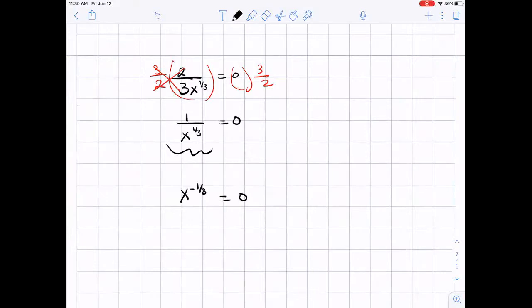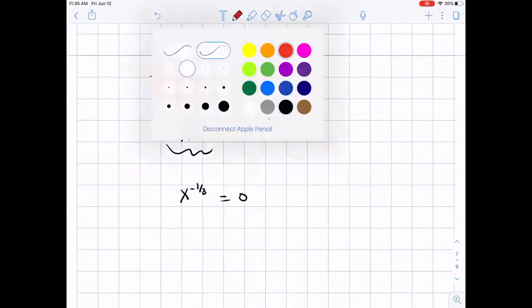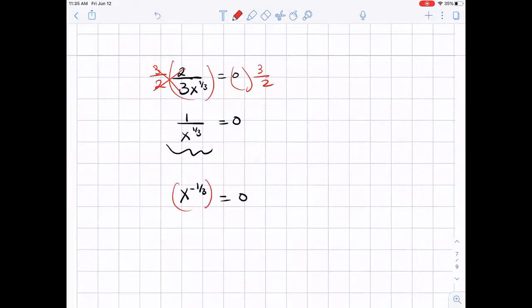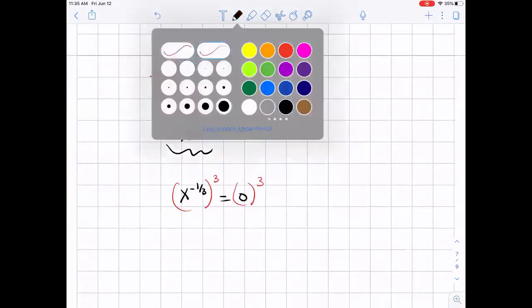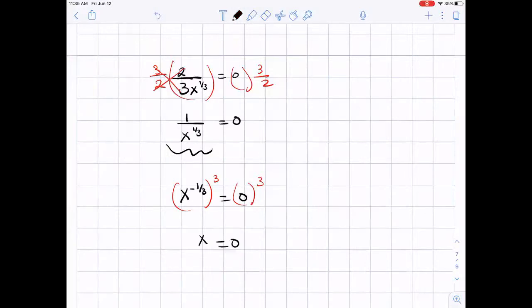So we can raise now each side to the 3rd power. So we have x is equal to 0. But the function is undefined.